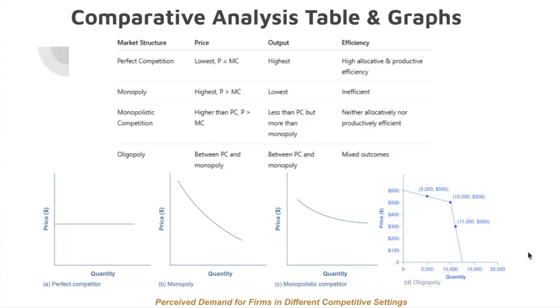Efficiency varies accordingly. Graph D shows the demand curve for oligopolies, often modeled with a kinked demand curve or collusive agreement. The key insight: market structure fundamentally determines economic outcomes for both firms and consumers.